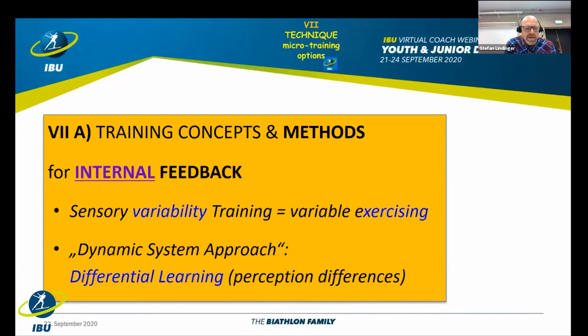Let's say I make only leg work training, push-off training, and I give different tasks: hard pushes, left hard, right low, changes of this. I will create differences on all sensory levels all the time. And the system is comparing, learning. That's exercising, and that's internal feedback.